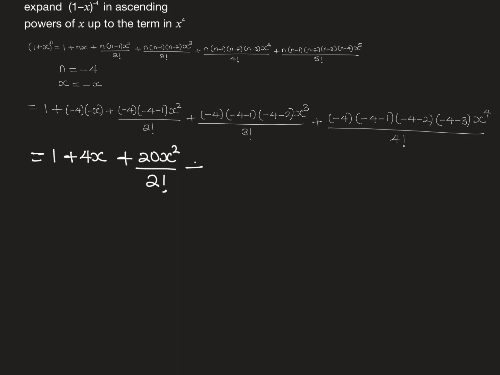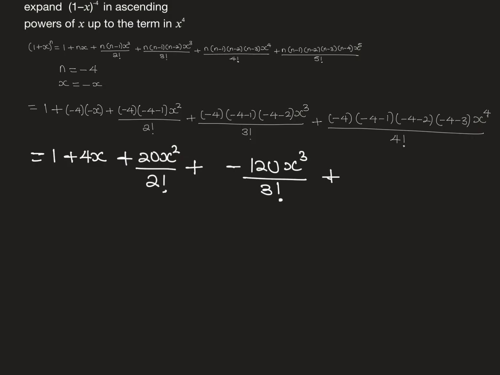Then plus, if you do the math for minus 4 into minus 4 minus 1 into minus 4 minus 2, you will have minus 120. Then we can say x to the power 3 all over 3 factorial. All right?